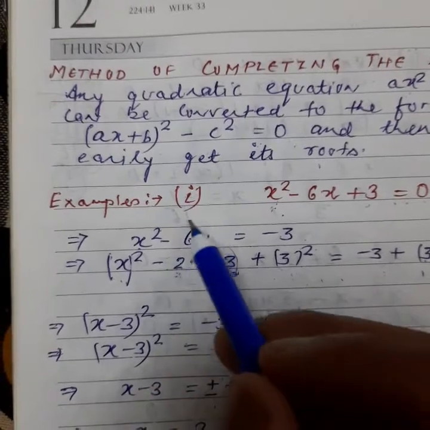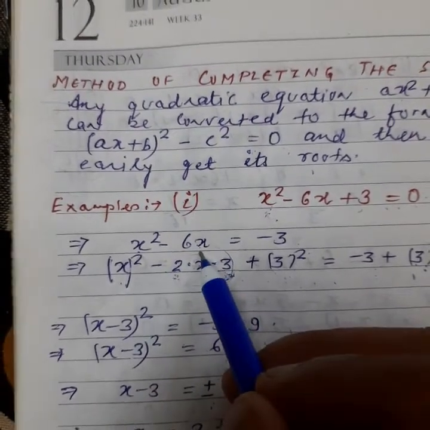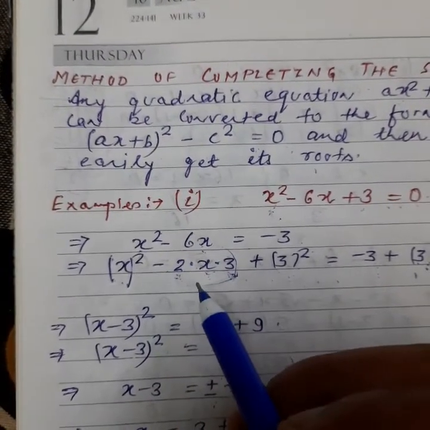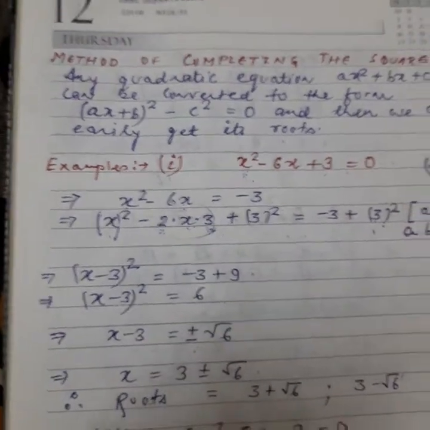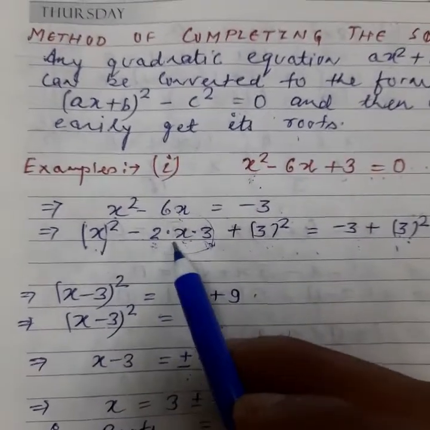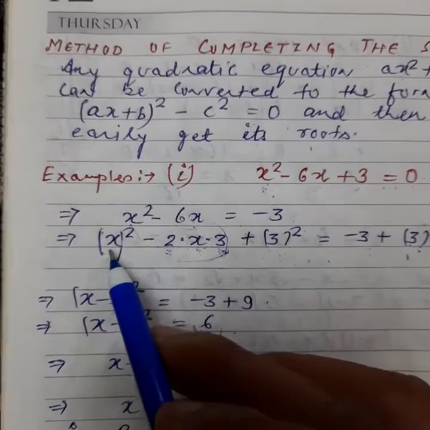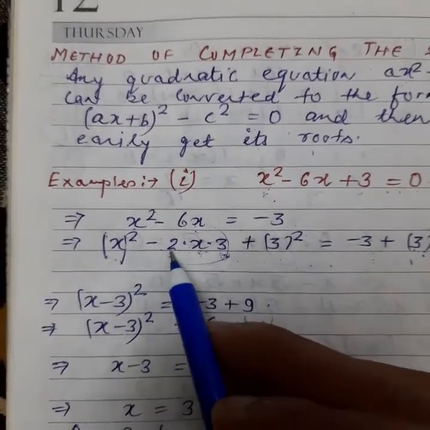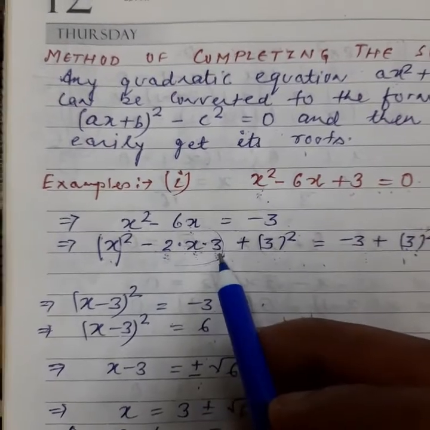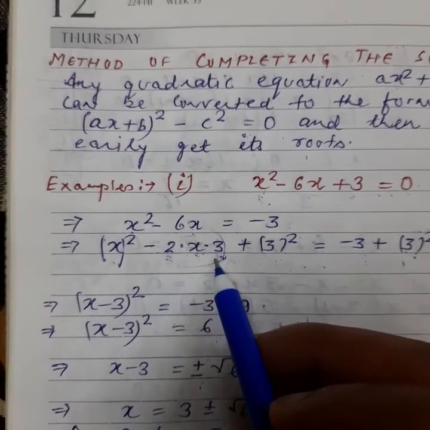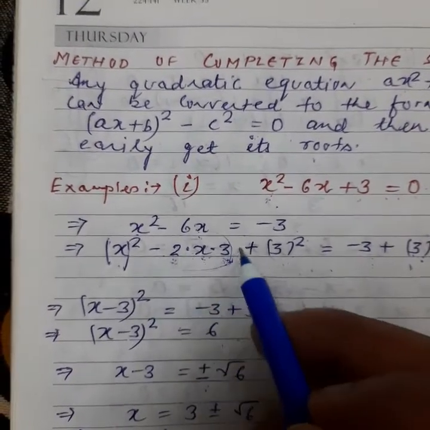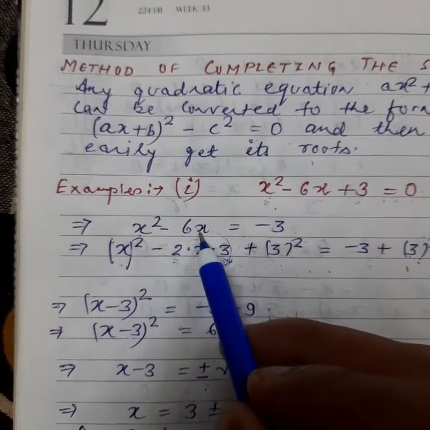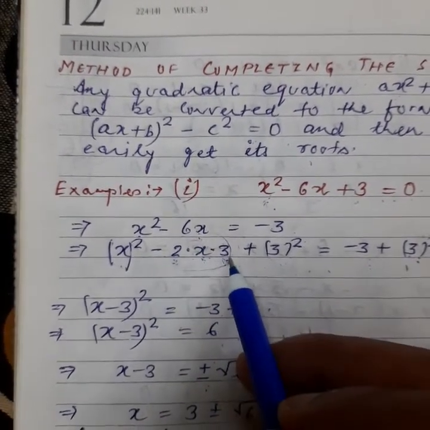Now the 6x term, we need to break this in the form of 2ab, that is 2 into a. Already we are having a as x, so we will put here x. 2a. b we require. What should we put so that this product 2ab will become 6x? So for that we will put 3.